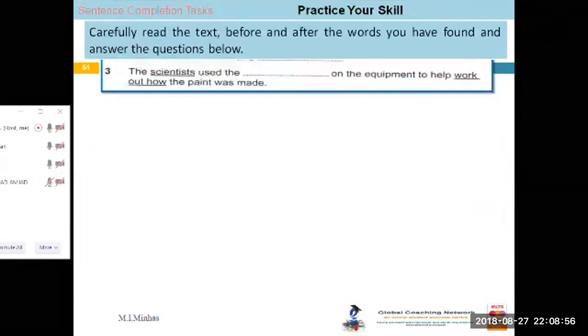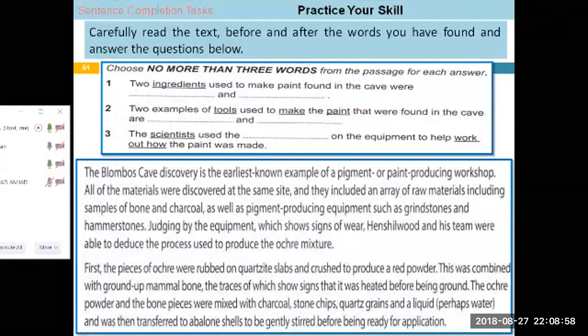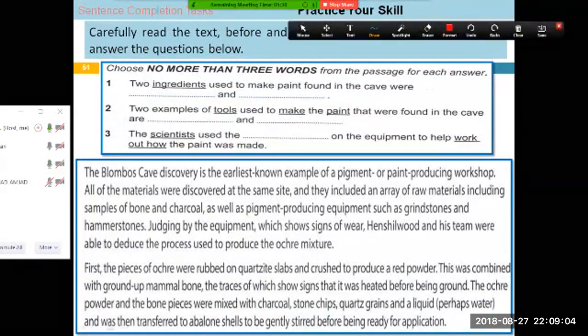Okay, so now if you see, he is talking about this same discovery, the earliest known example of what? Pigment or paint producing workshop. So this is the workshop in which pigment or paints are produced.